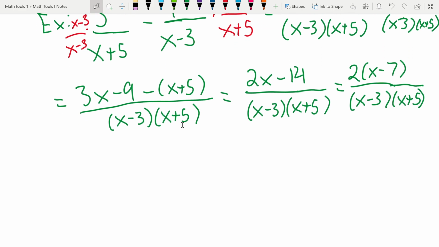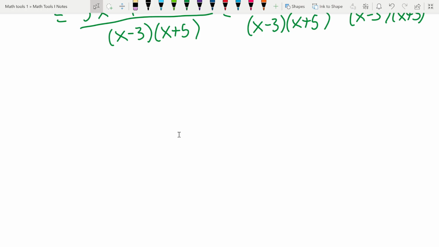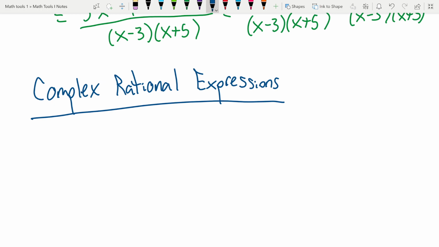Okay, so let's do one more complicated example. These are sometimes referred to as complex rational expressions. This is where we have rational expressions inside rational expressions.